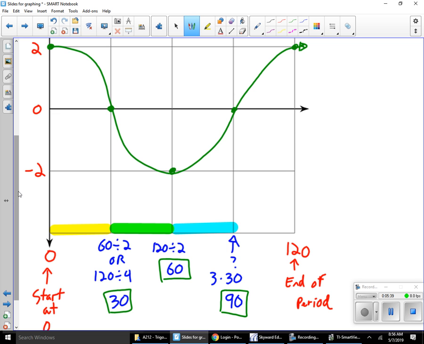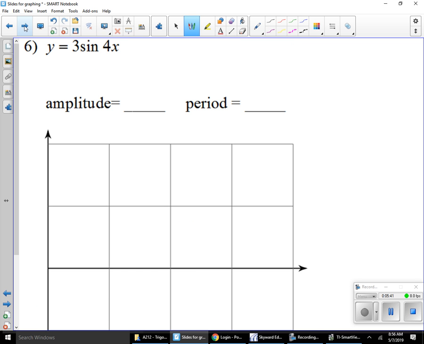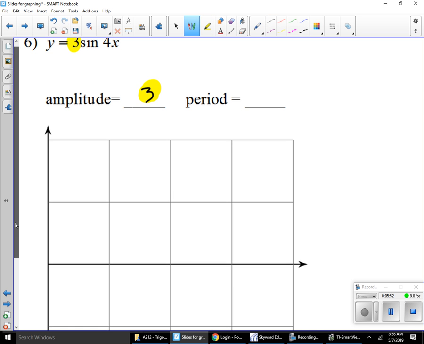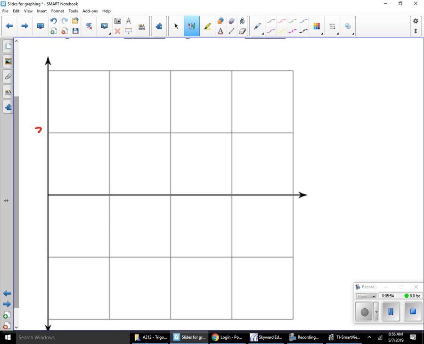Let's do a sine example. So now we're taking a look at a sine example. Note that our amplitude is 3. You can tell that right away just by looking at that first number. So the amplitude being 3 is enough to tell me what should go on my vertical axis. 3 will be the maximum, and -3 will be the minimum.